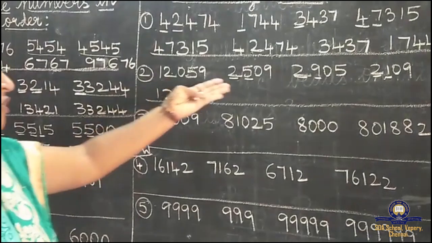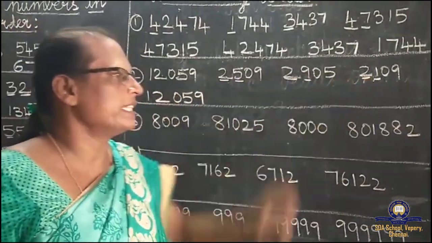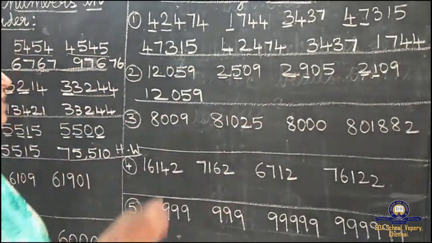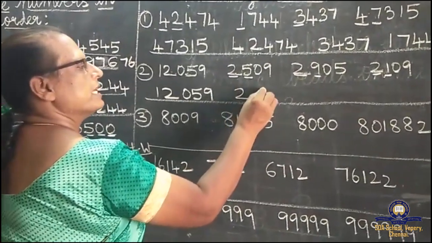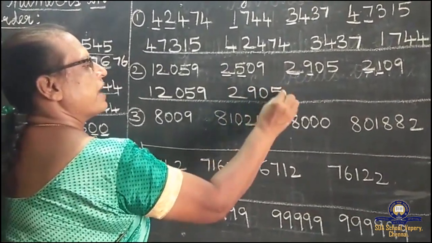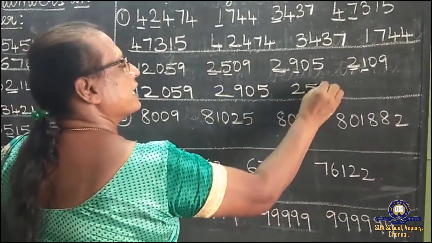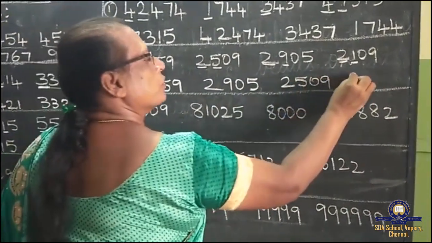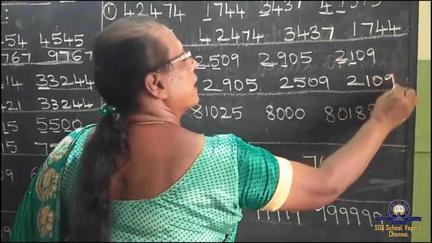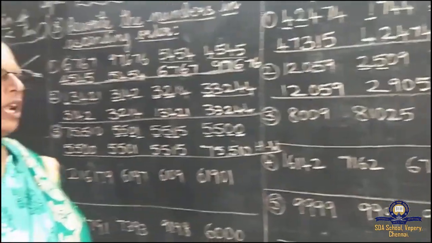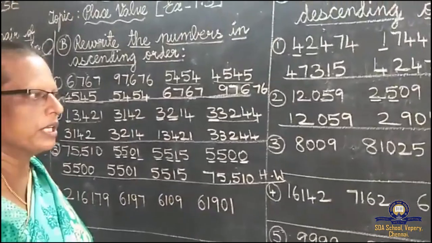So which is bigger, 5, 9 or 1, children? 9, isn't it? So we have to write 2905, and then 2509, and then 2109. I hope you all have understood.